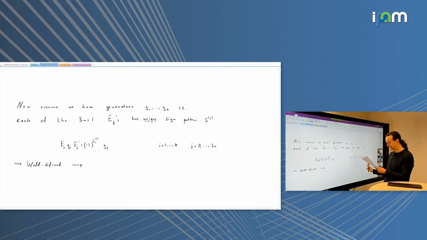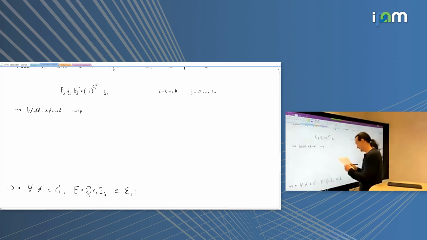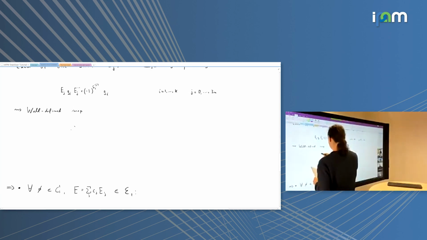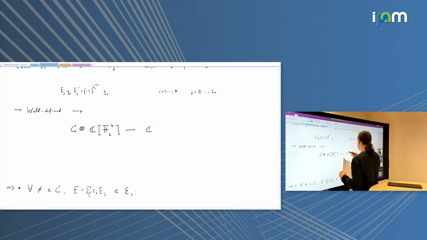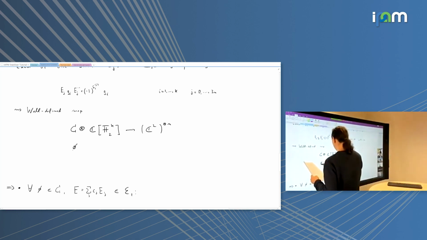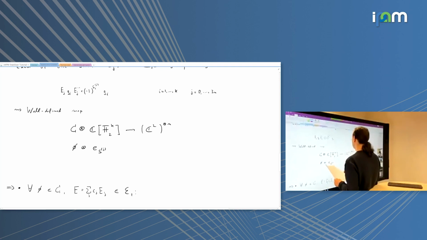Then we have a well-defined linear map from the following information, namely the code tensor the sign vector, C^2 to the k, into the big space, C^2 to the tensor n, such that if I take an element of the code and the sign pattern induced by the jth error operator, this I just map to the jth error operator acting on phi.